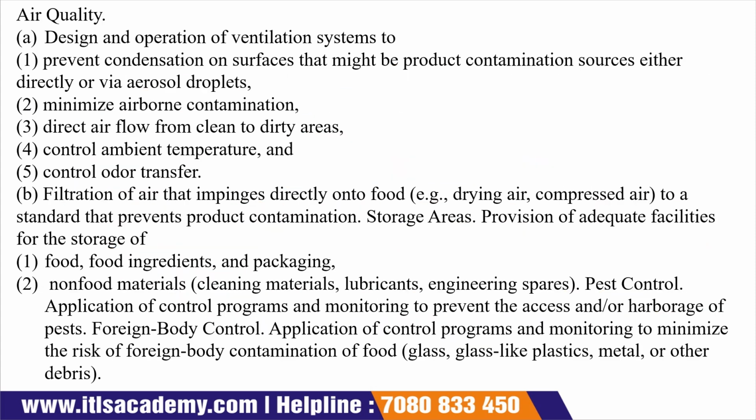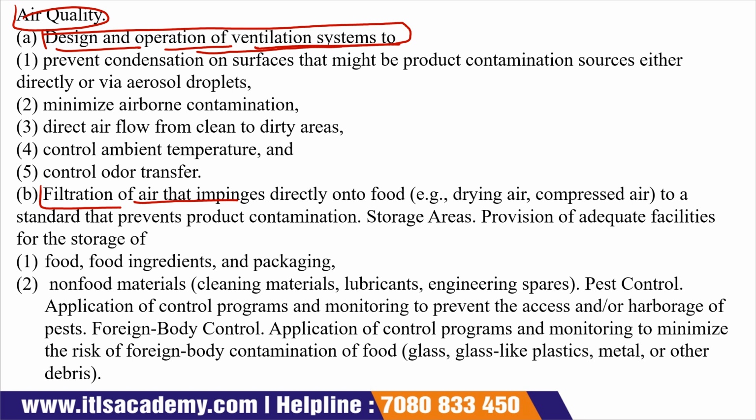Now the next is your air quality. Okay, now air quality: design and operation of ventilation system. In air quality, there are 2 points. One is the design and operation of ventilation system, and the second is filtration of air that impinges directly onto the food product.